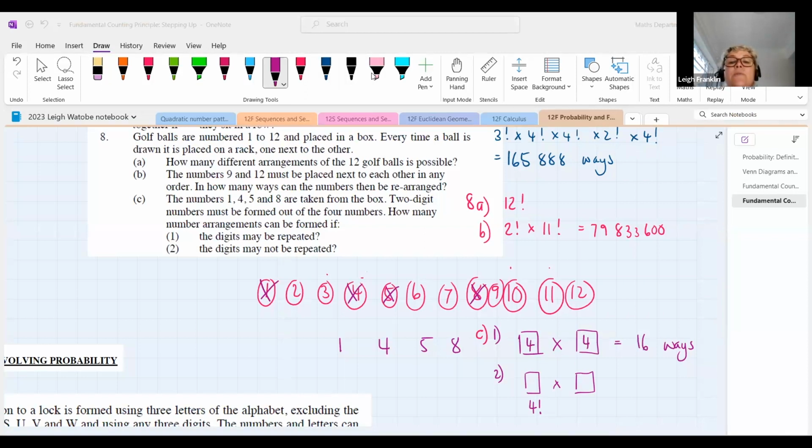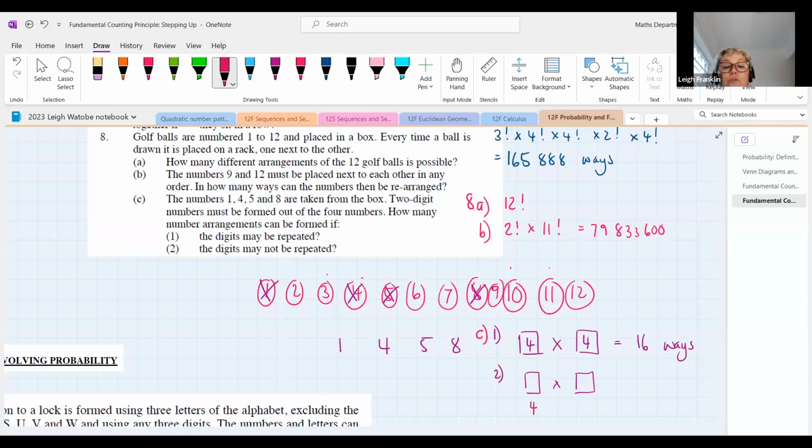Yes, we're only dealing with these numbers. So we've got 4 factorial ways. Sorry, not 4 factorial. We've got 4 ways in which we can fill the first block. Quite right, not 4 factorial. So 4 different ways in which we can fill the first block.